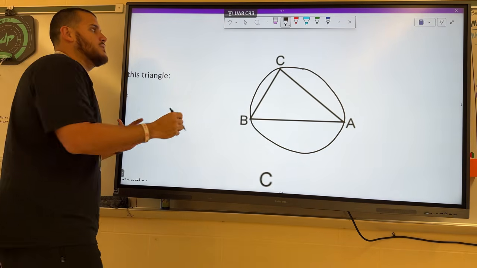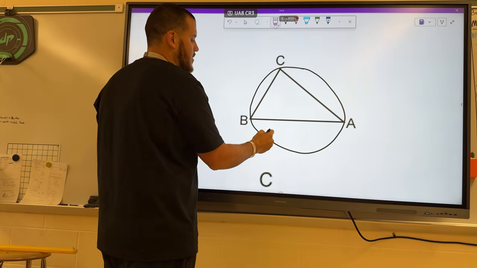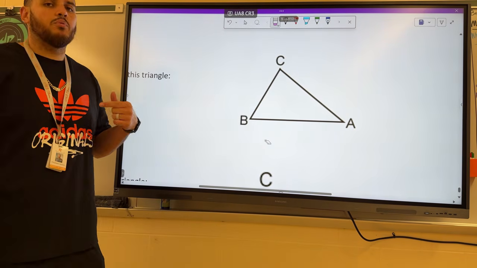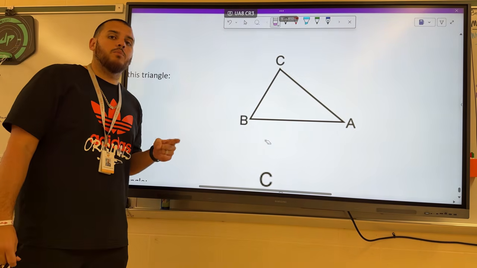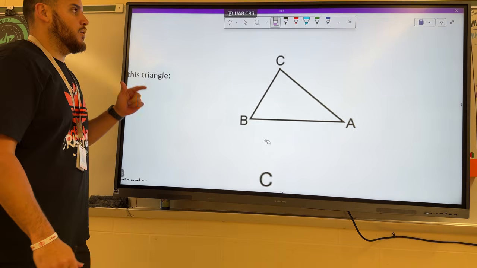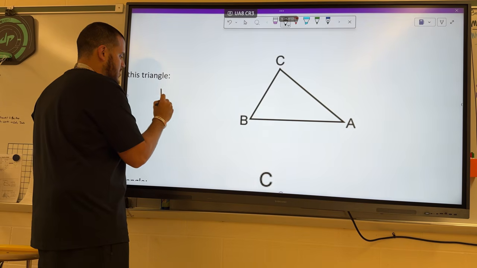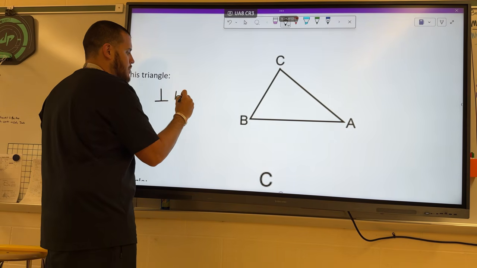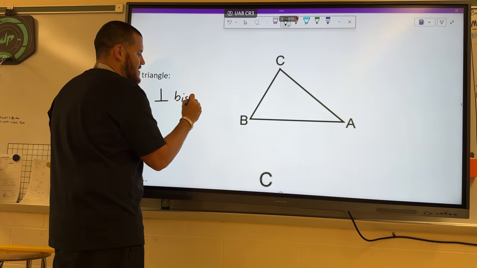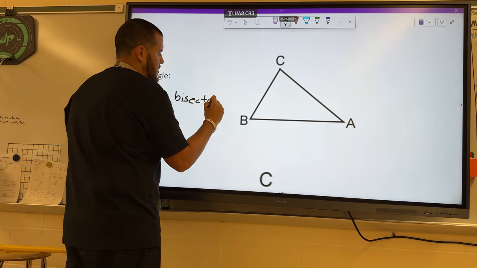Well, the way that we do that is by finding a circumcenter, which is a point of concurrency of perpendicular bisectors. So if we want to circumscribe a circle, what we need to do is construct all the perpendicular bisectors of the sides of that triangle.